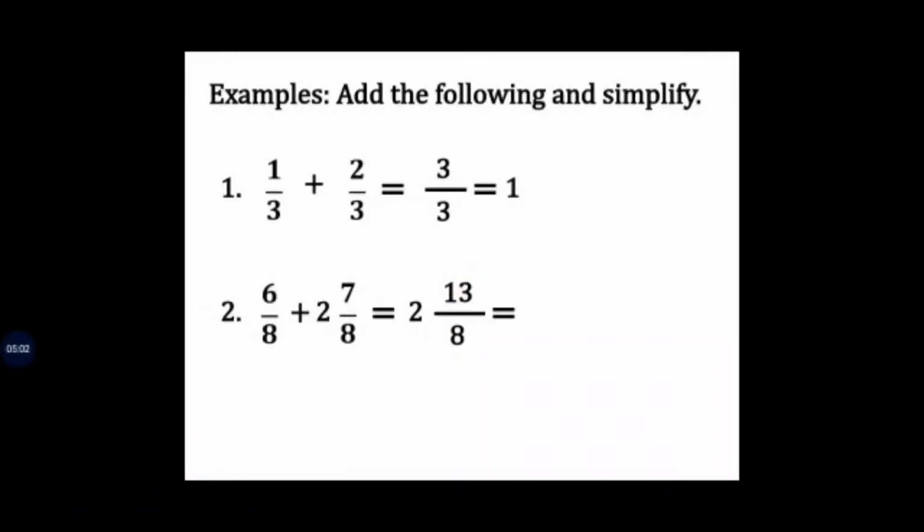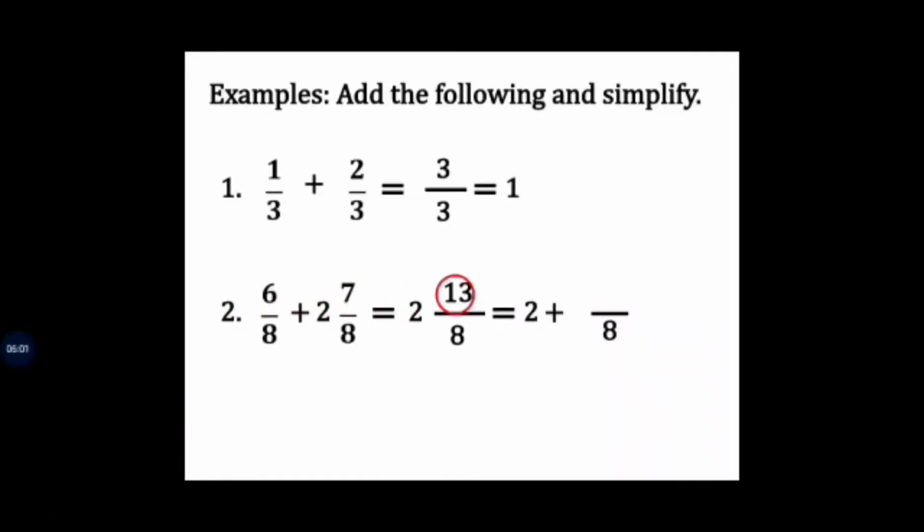Let us have an equal sign. Then, copy the whole number 2 here. Then, a plus sign and a fraction sign. After that, copy the denominator here. Now, I will use a shortcut method here to get the answer quickly. Ask, how many 8s are there in 13?